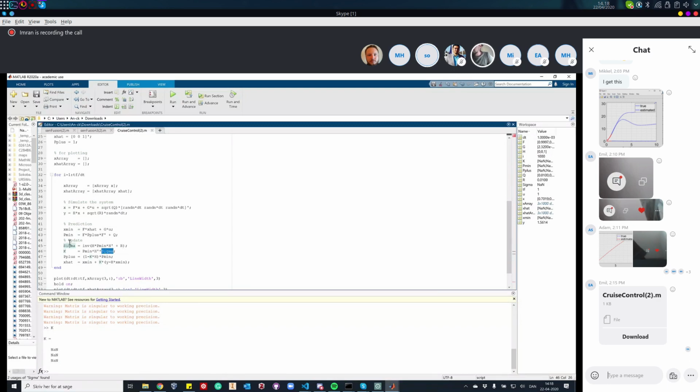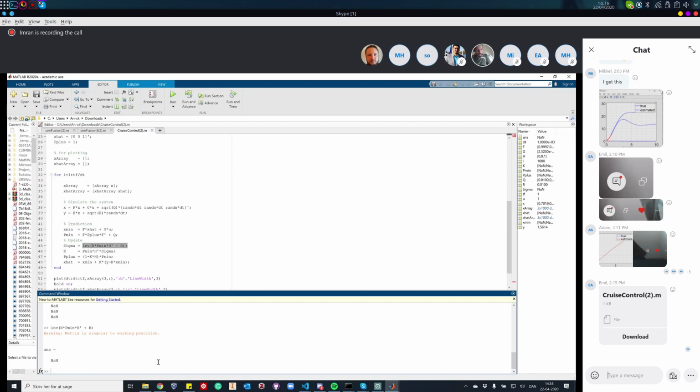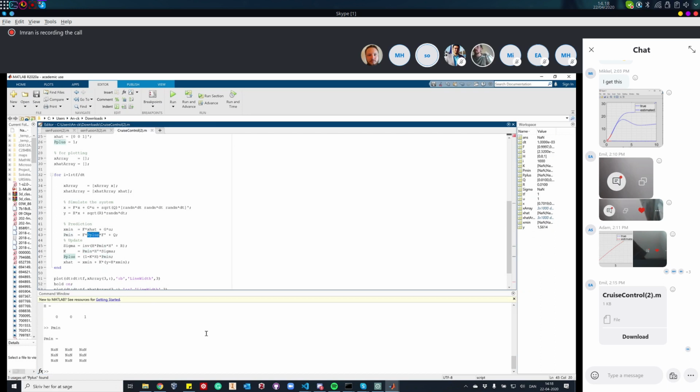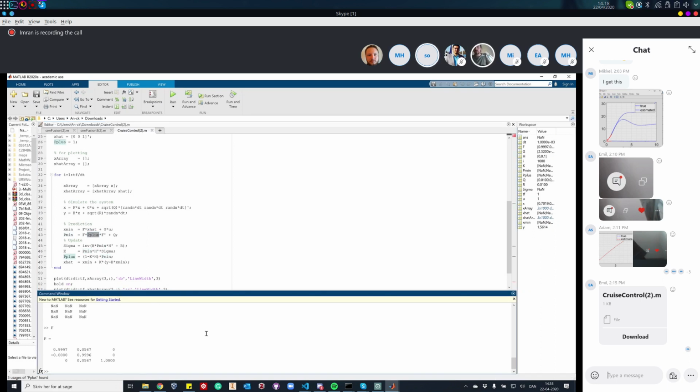I guess that one should be a vector. Yeah. Because we are multiplying P, H, which is a vector, and then we are multiplying it by sigma, right? Yeah, that should be a vector. Okay, so how come sigma becomes a matrix?